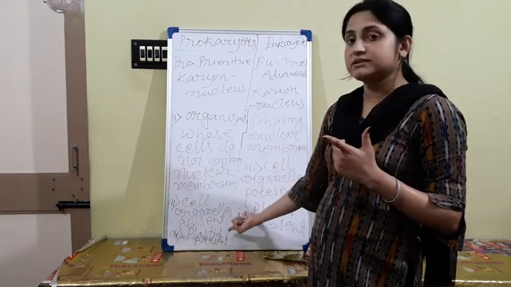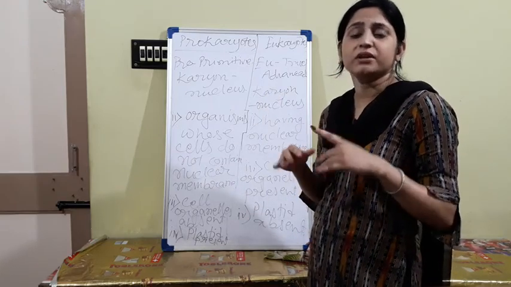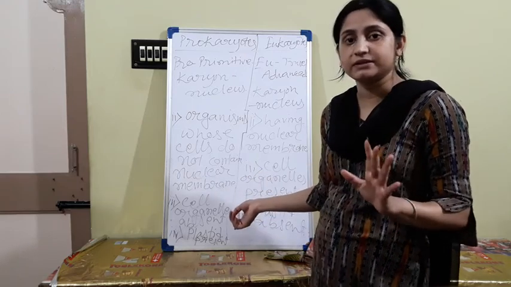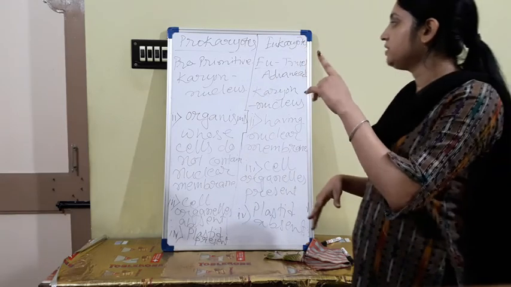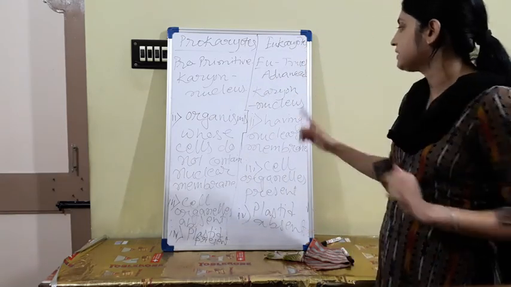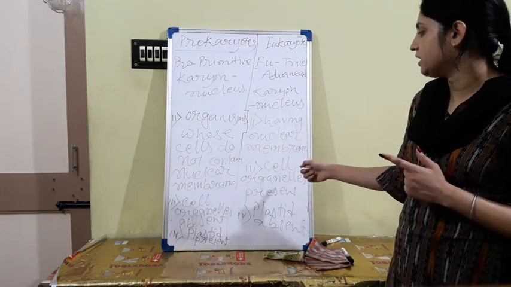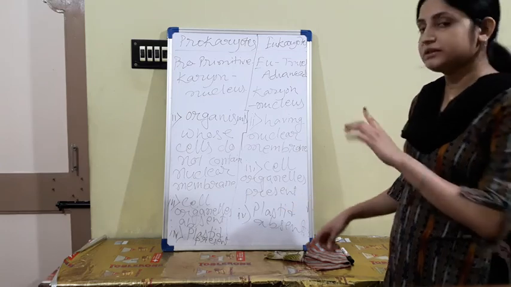So plastid is present, but you know that eukaryotes like animals depend for their food on other organisms, so plastids are not present. That is the main difference between prokaryotes and eukaryotes. Primitive karyon nucleus, true or advanced karyon; organisms whose cells do not contain nuclear membrane, having nuclear membrane; cell organelle absent, cell organelle present; plastid present, plastid absent.